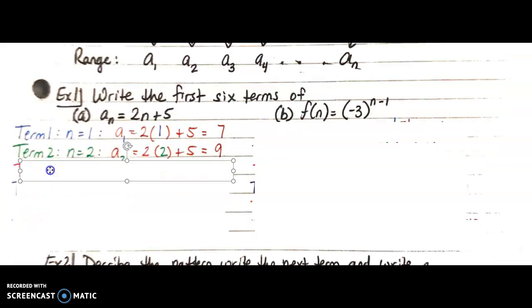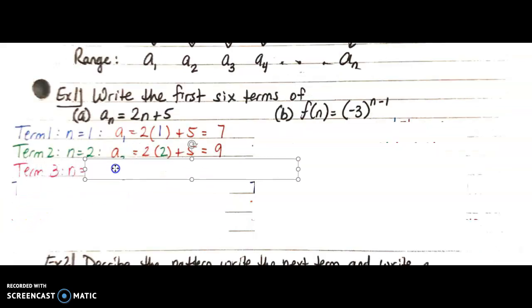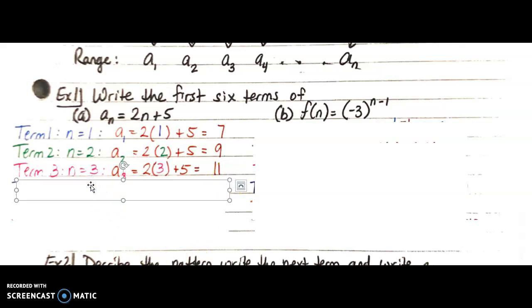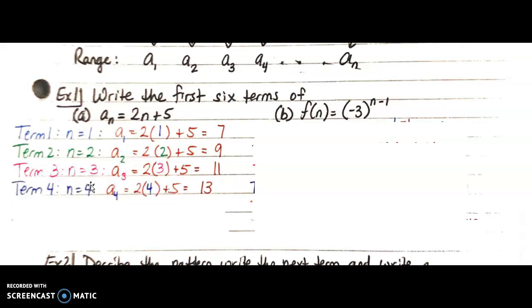Third term, we're now going to plug in n is equal to 3, because that's our third term. So now we have a sub 3 is equal to 2 times 3 plus 5. We get 11. So 7, 9, 11. Then for the fourth term, I hope you're seeing the repetitive pattern here. For our fourth term, n is equal to 4.